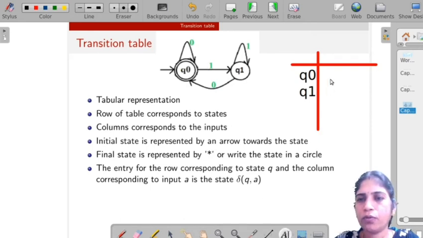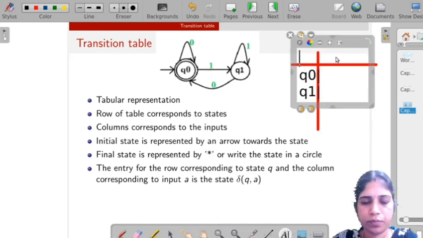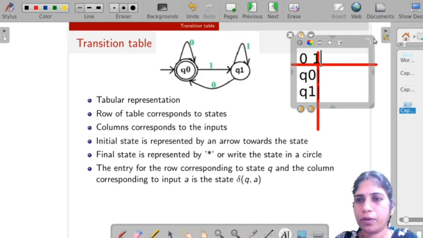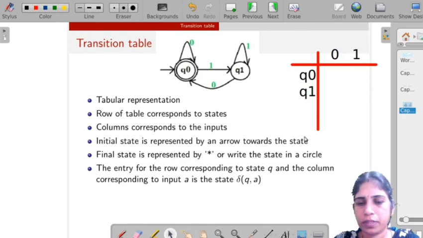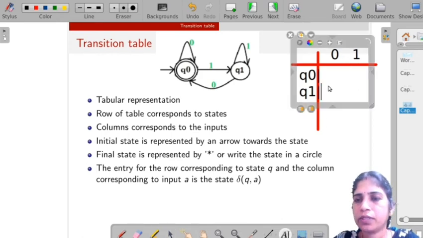So we have two symbols, 0 and 1. Then how can we represent each entry in the table?